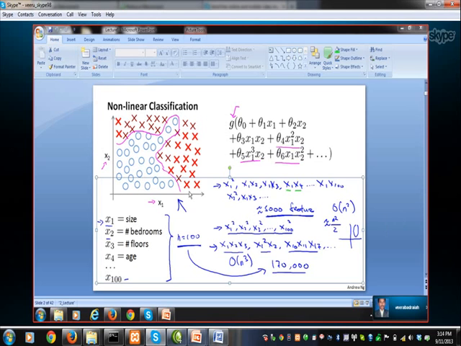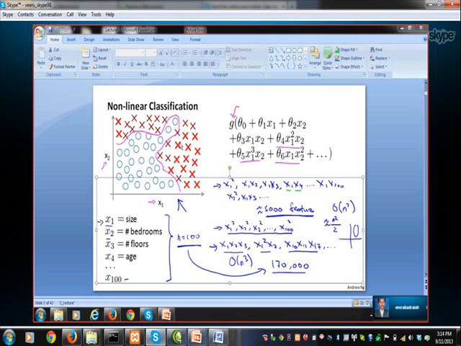Here you see the plus marks and the zero marks, they are all around the plane. So that's why you need a non-linear boundary. Linear means with a line. If you can separate with a line, it is called a linear boundary. But with a line, you cannot separate plus symbols and zero symbols here.